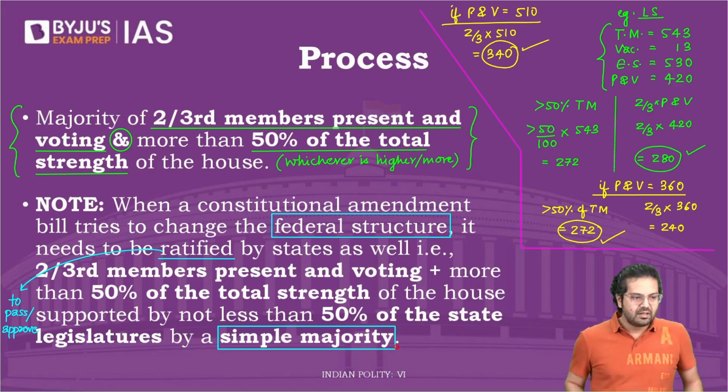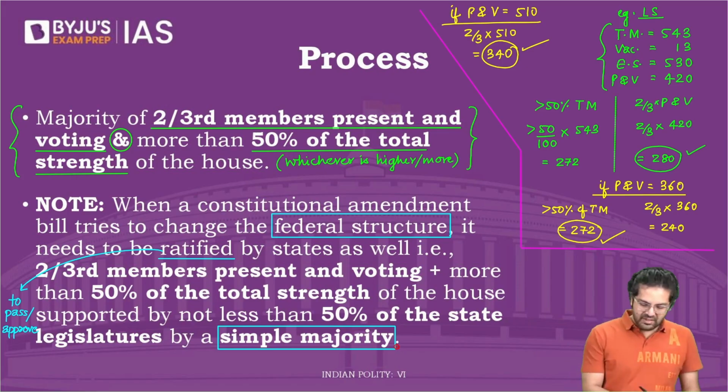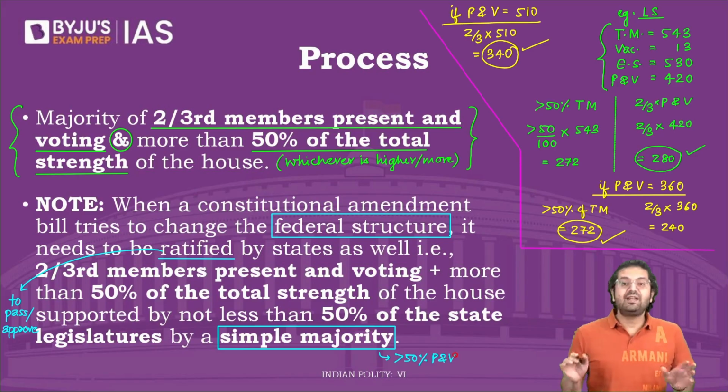Are we clear? What is simple majority? More than 50% present and voting. P and V means present and voting.